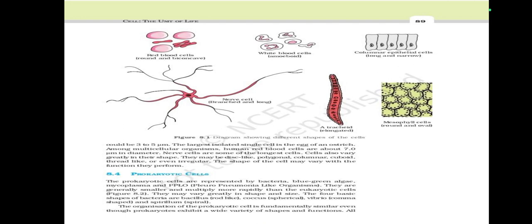The four basic shapes of bacteria are bacillus, rod-like, coccus, spherical, vibrio, comma-like, and spirillum, spiral-like. The organization of the prokaryotic cells is fundamentally similar, even though prokaryotes exhibit a wide variety of shapes and functions.